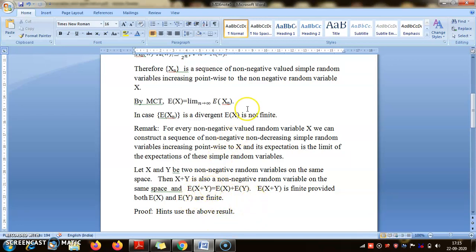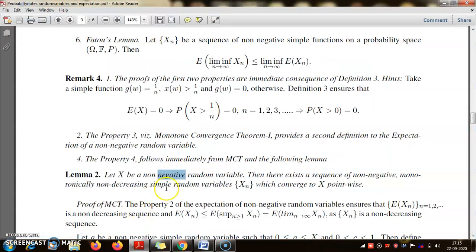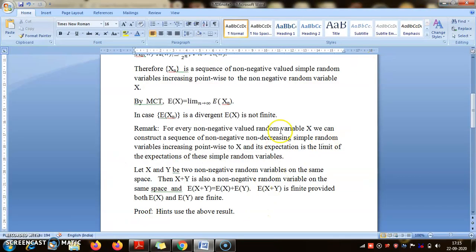But now using this second definition, it becomes far easier, because x and y are both non-negative valued random variables. So apply this lemma 2 for x as well as y. By lemma 2, you will get a sequence xn for x and yn for y which are non-negative simple and pointwise increasing to x and y respectively.